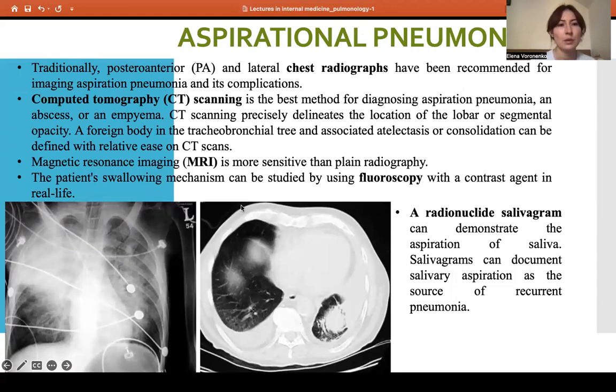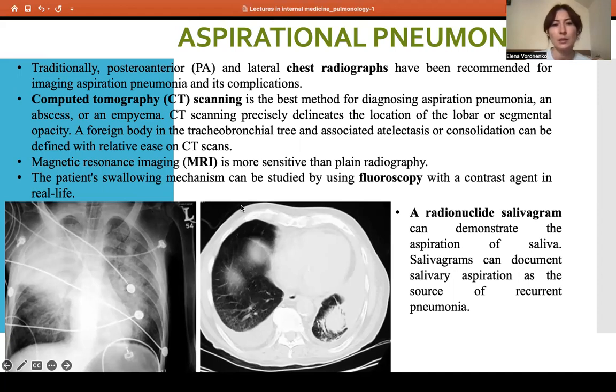Traditionally, posterior, anterior, and lateral chest radiographs have been recommended for imaging aspiration pneumonia and its complications. Computed tomography scanning is the best method for diagnosing aspiration pneumonia and abscess or empyema.